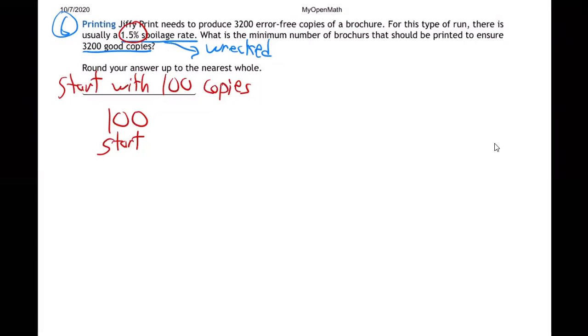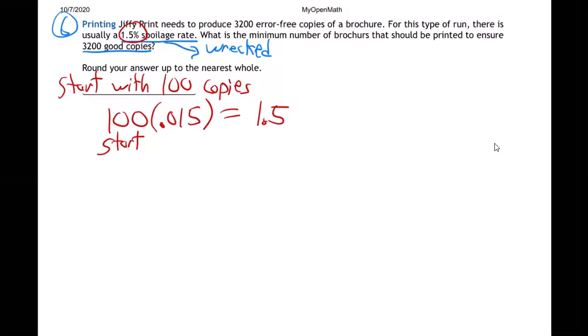You would multiply the 1.5%, and then whatever you get from that product, you add on to the initial start, which would be the 100. So I got to take 100 times 0.015. I got to make it a decimal. And that's going to be 1.5. And then what do I do with that 1.5?